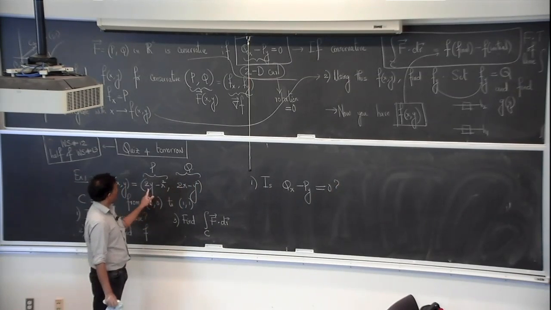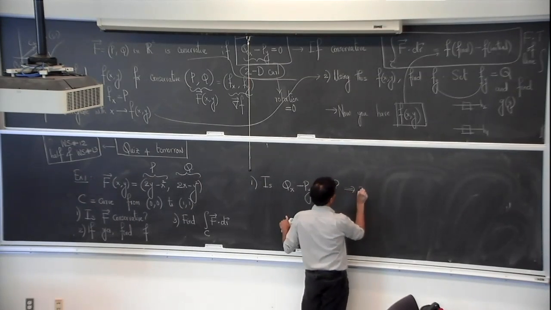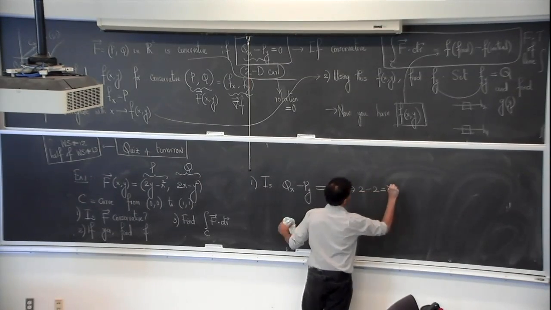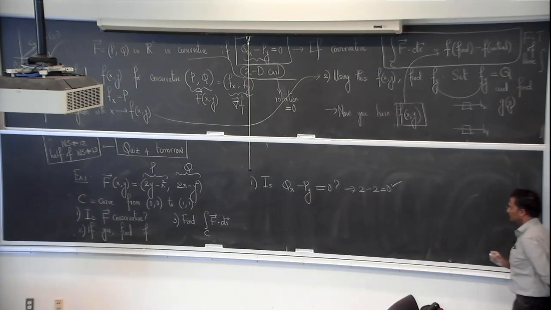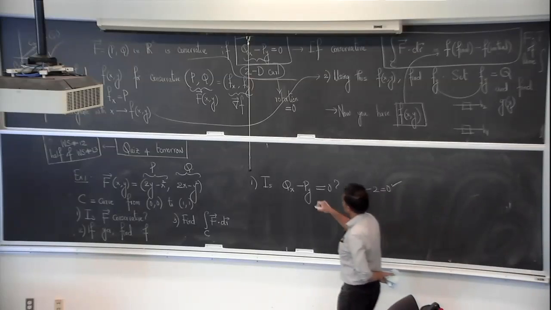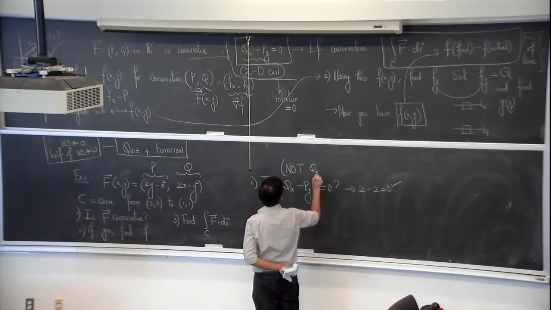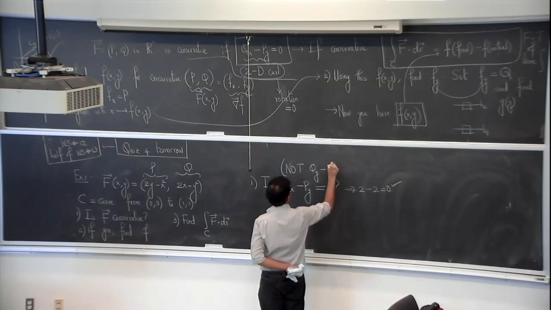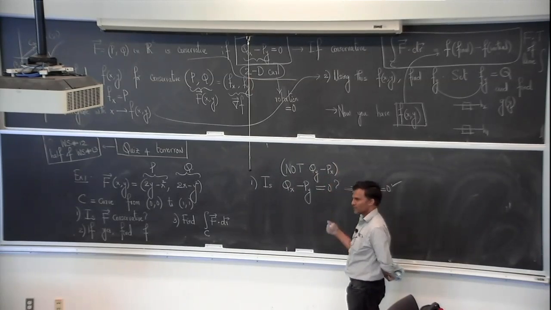Q_x is 2, P_y is 2. Oh yes, that's 0. I know it's an instinct to probably go Q with y and P with x. It's the cross component.